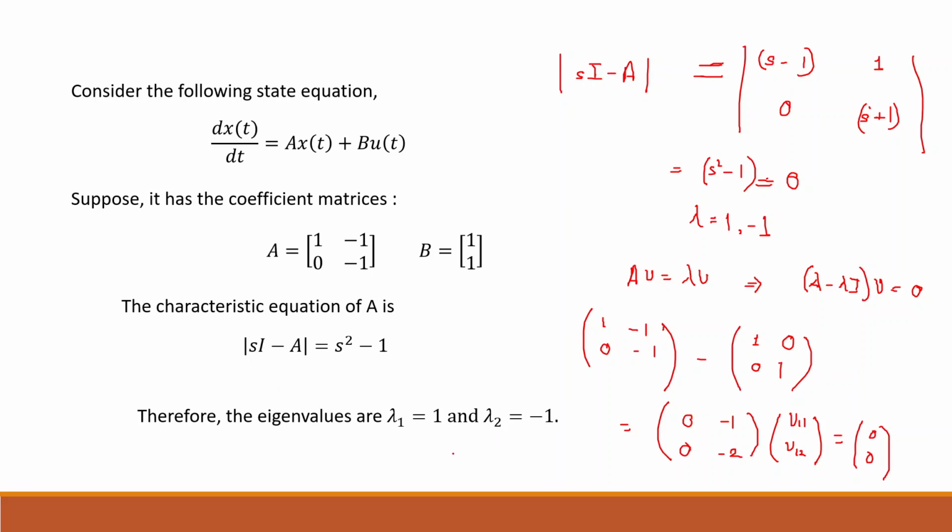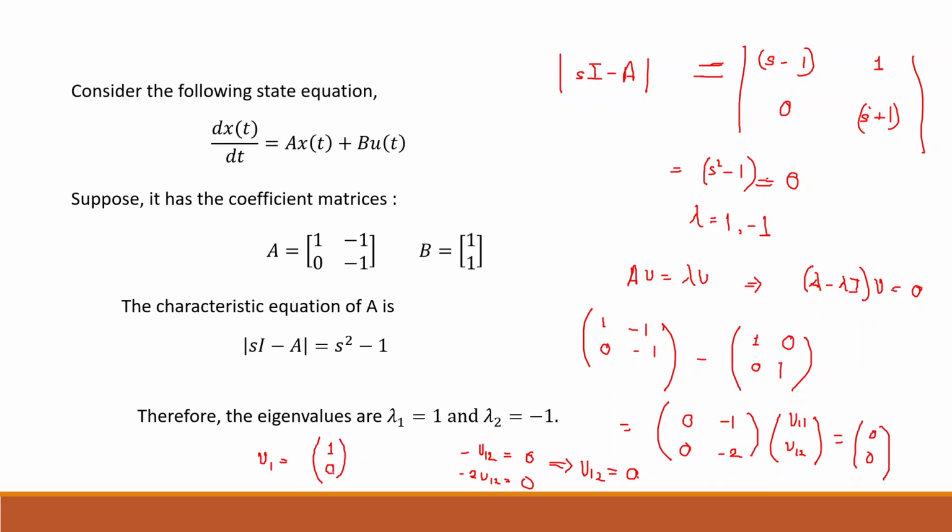Expression, it is minus v12 equals 0, minus 2 v12 equals 0. So basically we know that v12 will be 0 and v11 can be any value, so it will be some multiple. Hence the eigenvector v1 is equal to [1, 0].